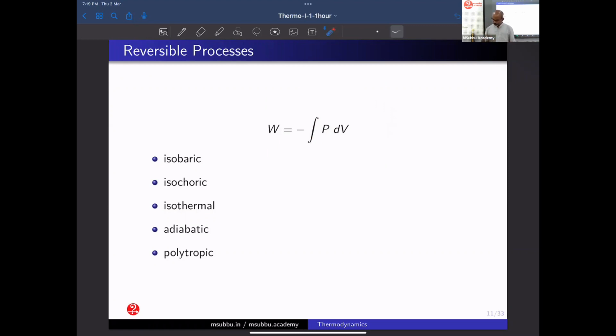We won't worry. As and when the process is said to be a reversible process, we'll simply take P equal to pressure of the system. Okay, but if there is appreciable difference between the system pressure and surrounding pressure, you should take only the surrounding pressure into consideration. That is what is called an irreversible process.